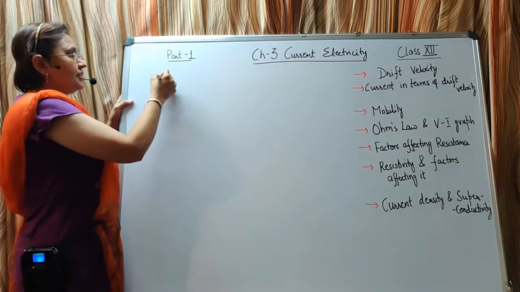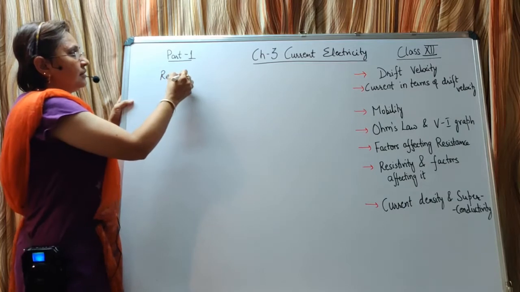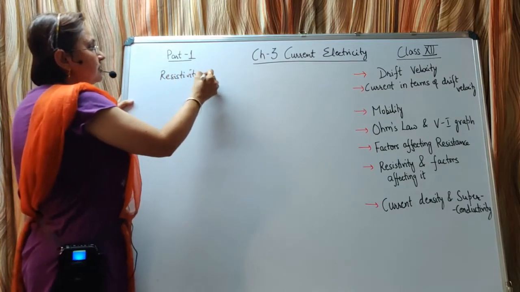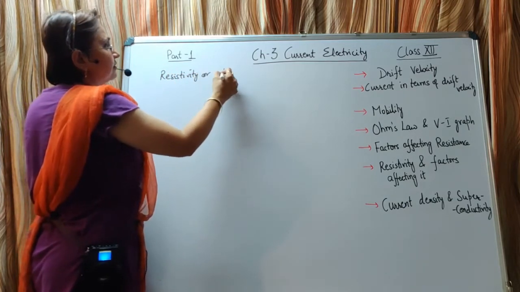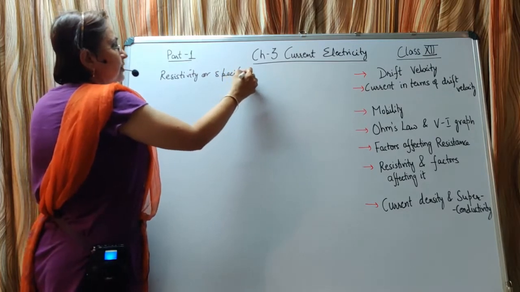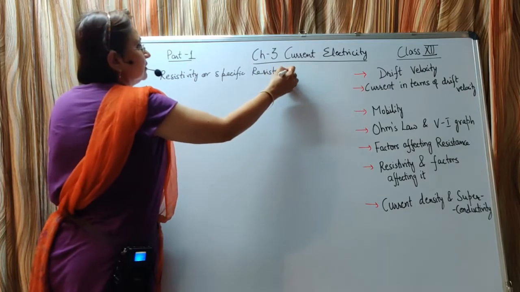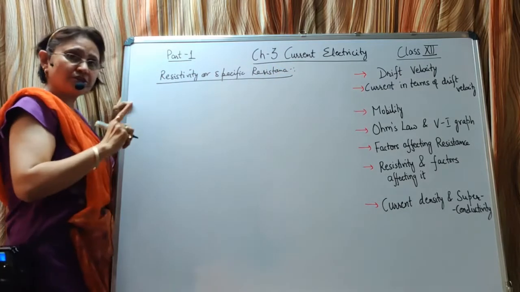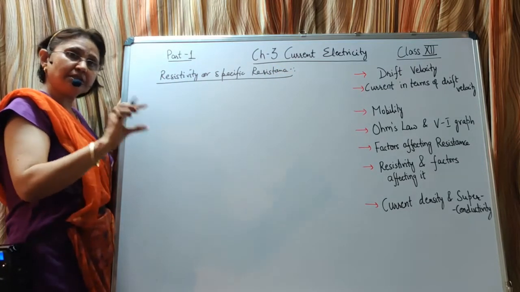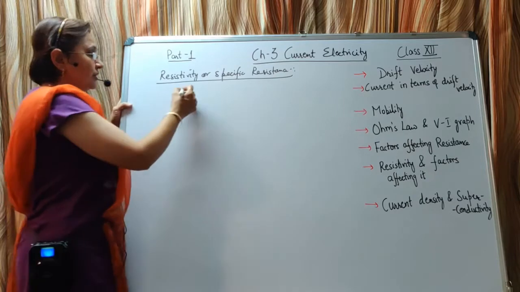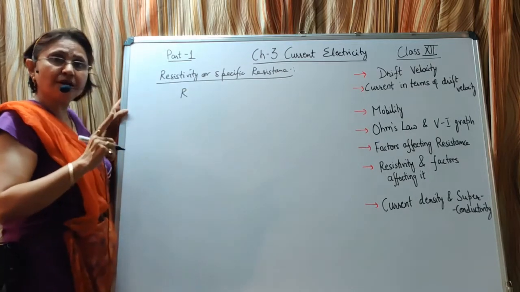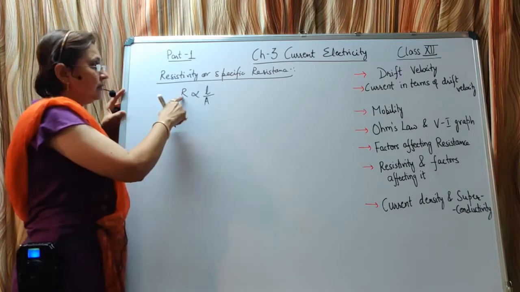Now let's study resistivity, which is also called specific resistance. We know that for a given conductor, meaning the same conductor at a constant temperature, resistance depends only on two factors, length and cross-sectional area.